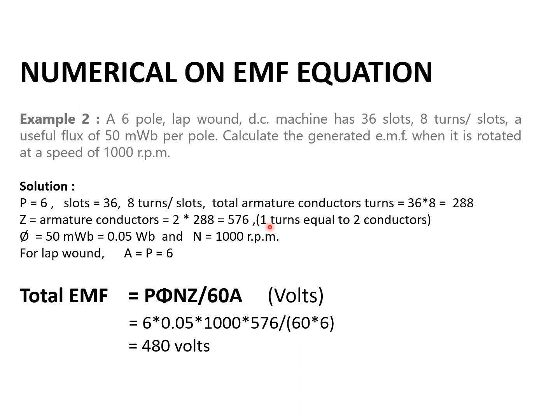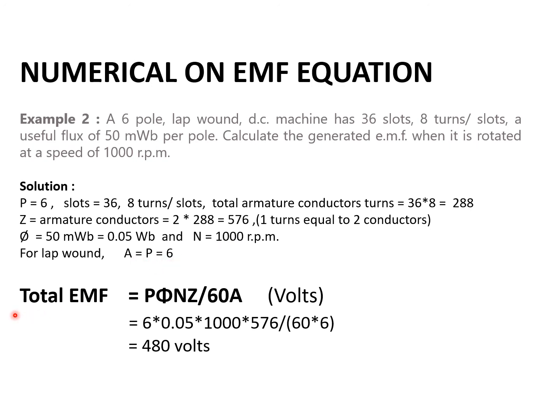These are the number of armature conductors, because 1 turn equals 2 conductors. Given ϕ is 50 milliweber. You convert from milliweber to Weber by multiplying by 10 to the power minus 3, so this is 0.05 Weber. N is given as 1000. For lap wound, A should be equal to P, and P equals 6.